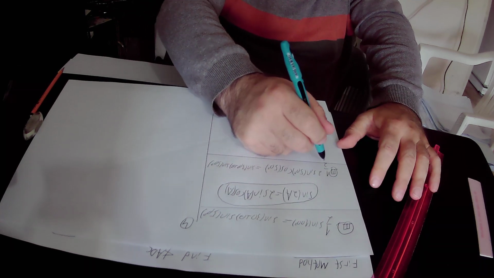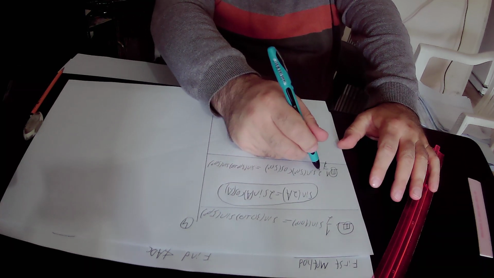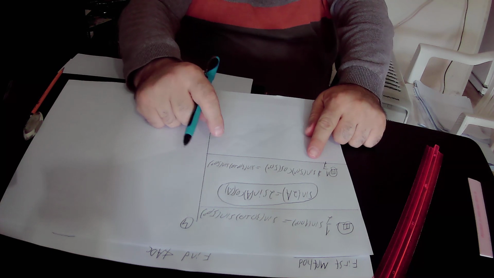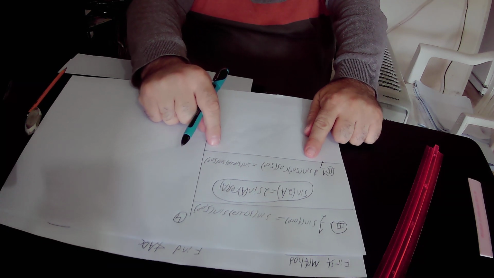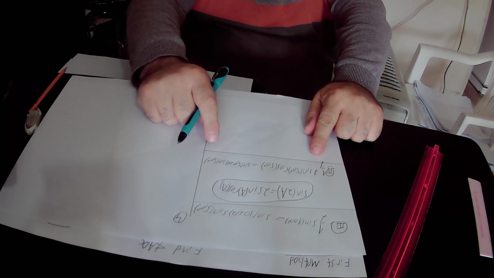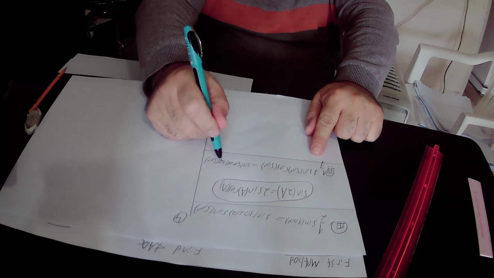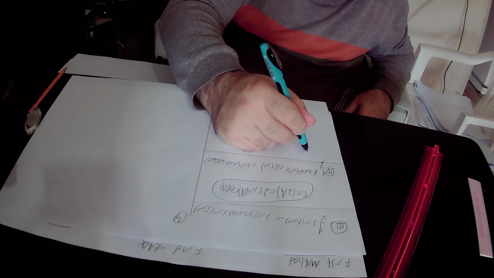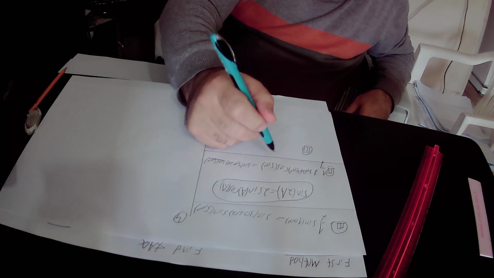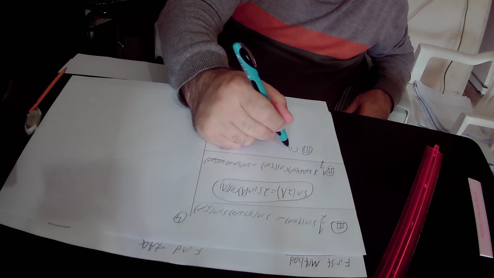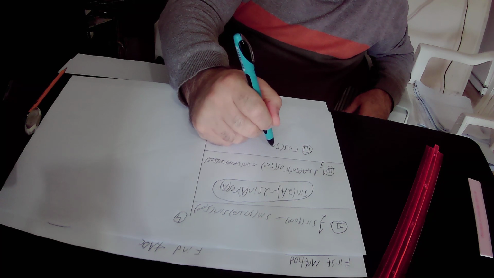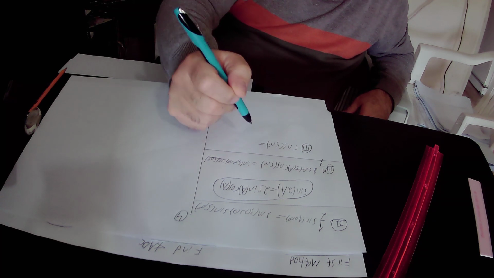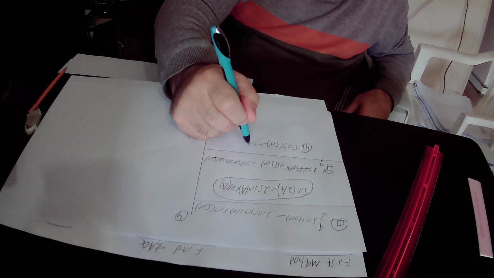Here 2 over 2 is 1, so 2 will get cancelled, and we have sine 50 degrees on both sides of equation number 3, so sine 50 degrees will also get cancelled, and we are left only with cosine 50 degrees that equals sine 30 degrees plus theta.